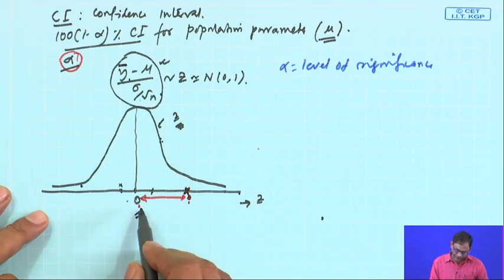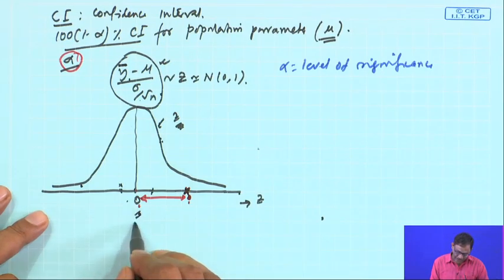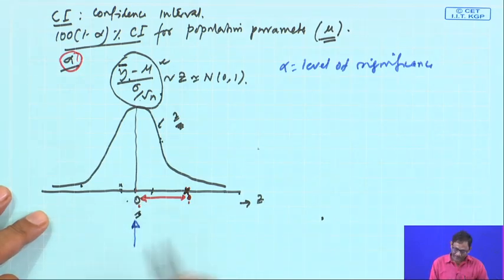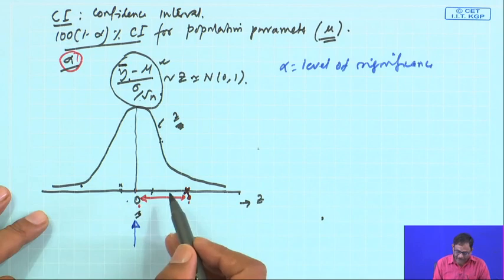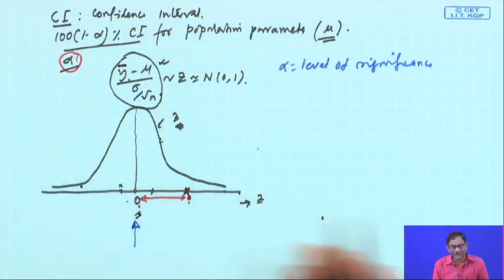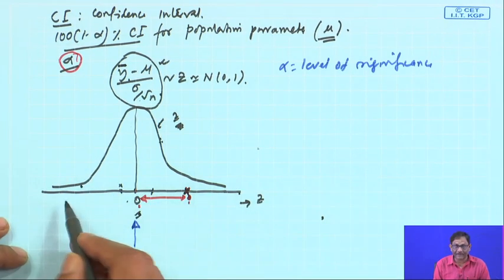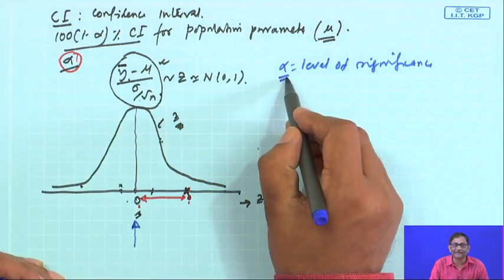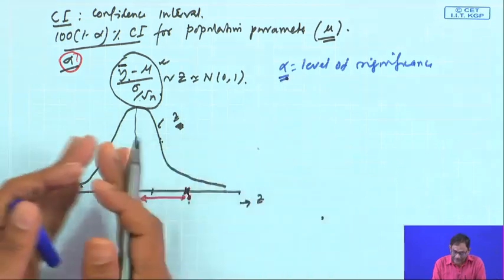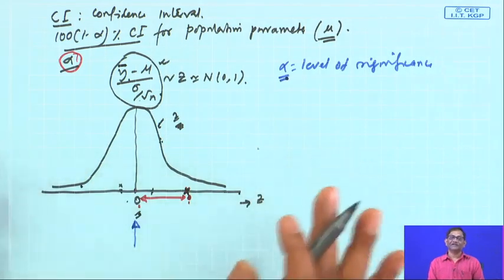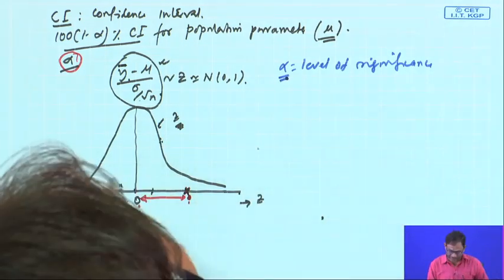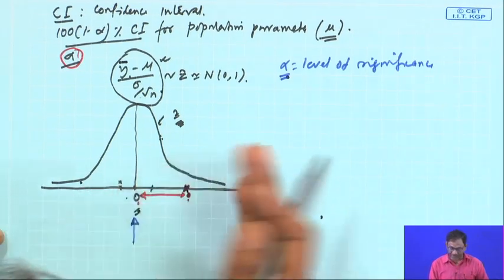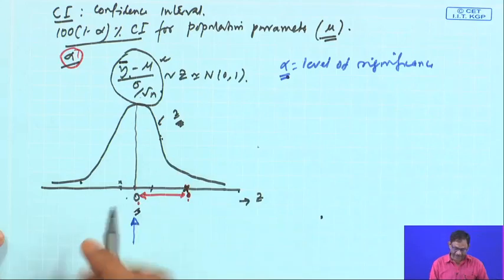Now, as we are interested in the target, that is mean 0 here, if you deviate from 0 on both sides, either right or left, depending on the level of significance some distance will be considered acceptable, beyond which it cannot be accepted. As it is on both sides, it is to be considered a two-tailed case.